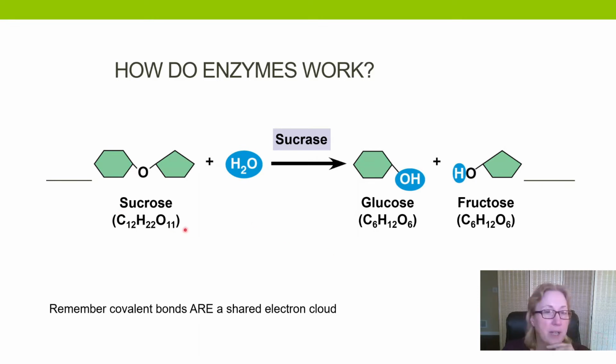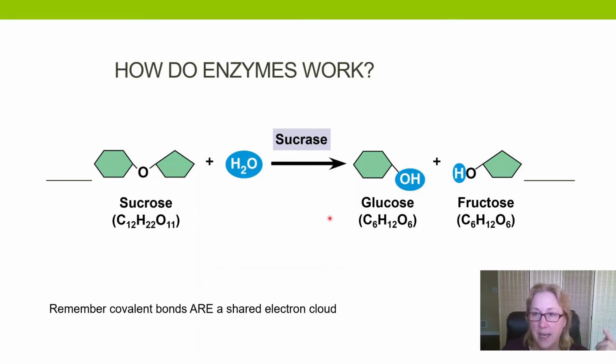We can make this reaction happen in a couple of minutes, however, by adding an enzyme, sucrase. We don't need any energy, because this is a downhill reaction, so sucrase isn't adding any ATP. But what it is doing is destabilizing the bonds.